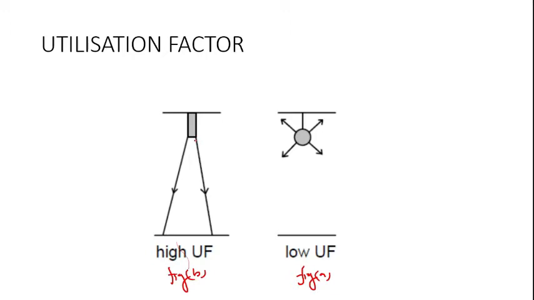So in that case, we will get two different utilization factors. In the first case we will have a low utilization factor, and when you use a concentrated luminaire like the one shown in figure B, then you will get a high utilization factor.